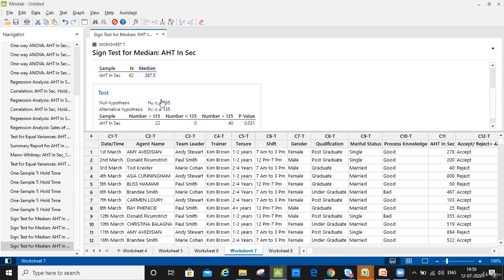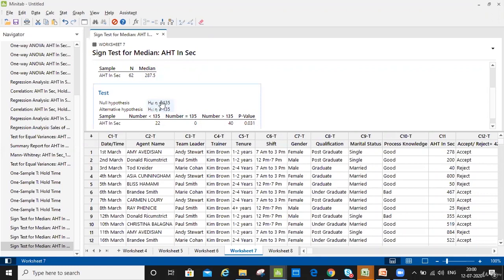And I have given 135 as a target, that I can go from 287 to 135. So this test tells me if it is significant. If the p-value is lesser than 0.05, it means the alternate hypothesis says that yes, it can go, which means 287 is not equal to 135. It is saying not equal.